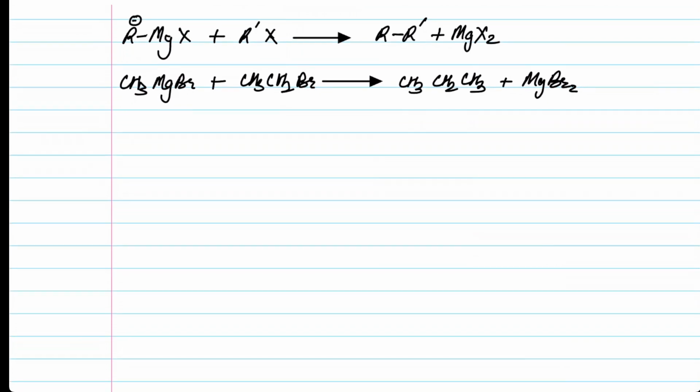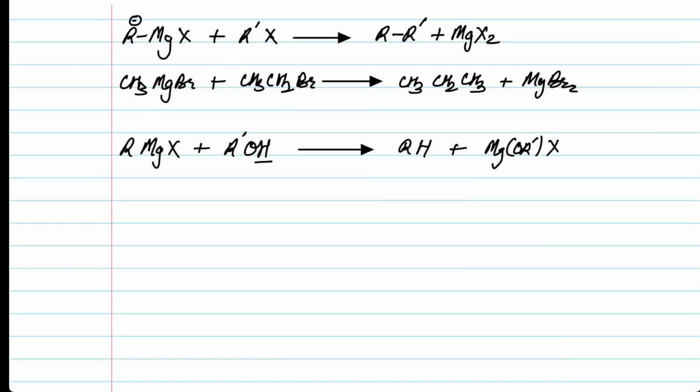Talking about the reaction of the Grignard reagent with alcohols, we have RMgX and we react it with R-OH. Please remember, this contains an acidic hydrogen. So if this contains an acidic hydrogen, we are going to end up with RH along with Mg(OR)X. So again, we are going to end up with an alkane.